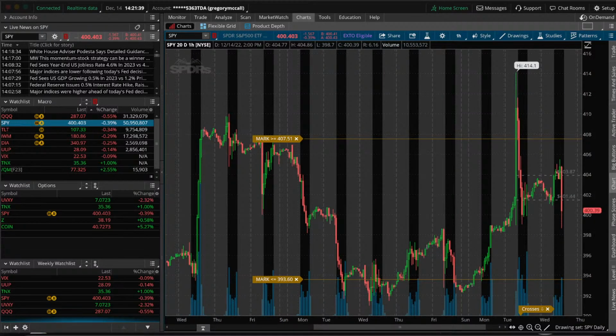Just opened a new 396, let's see, 395 SPY. This one expires today. This is a day trade. All right.